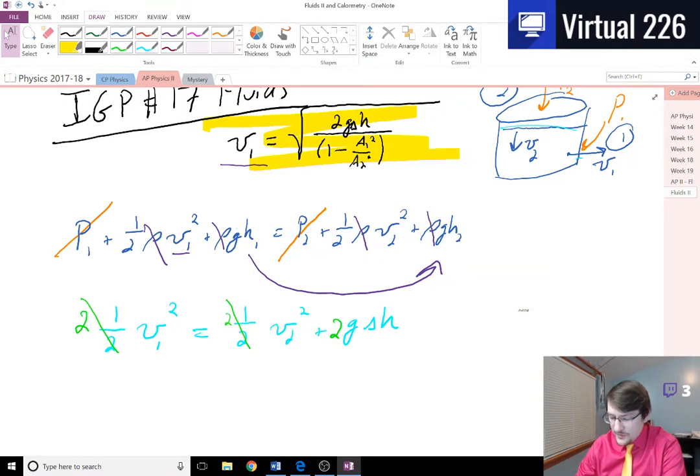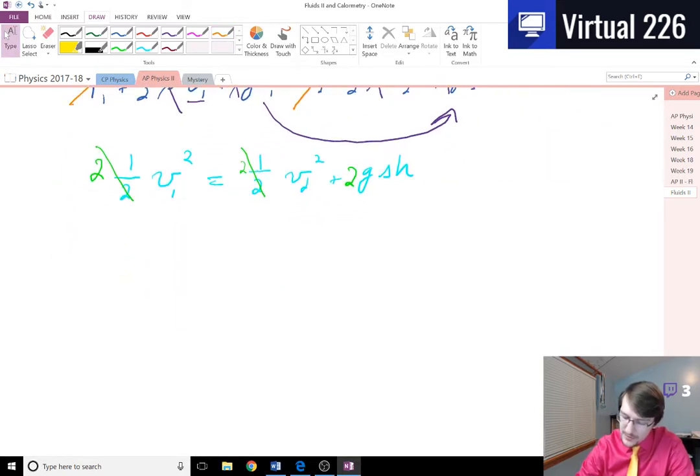We run into a bit of a sticking point, though. In our answer, what we're looking for, there's no V2. We need to get a V2 out of there, and we can do that. We know by the mass continuity principle that A1 V1 equals A2 V2.